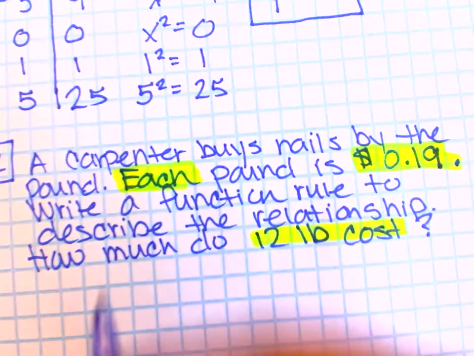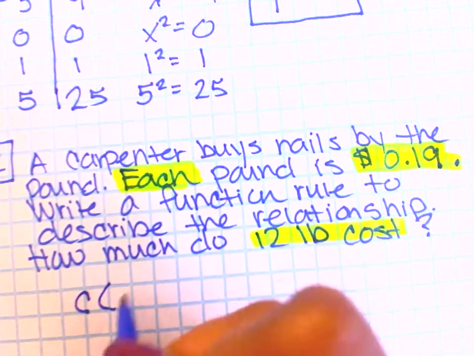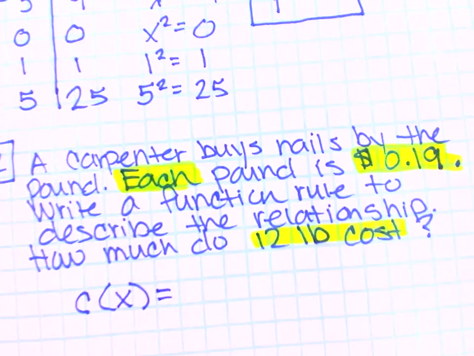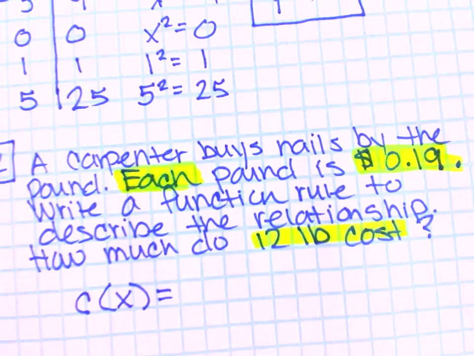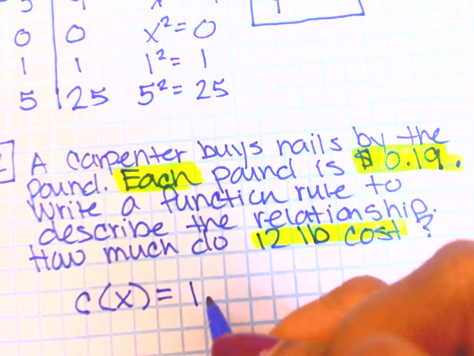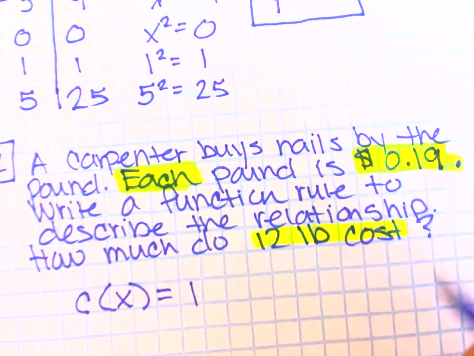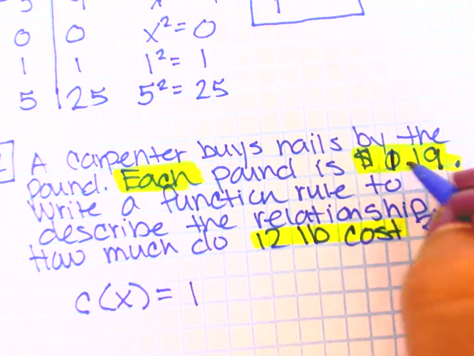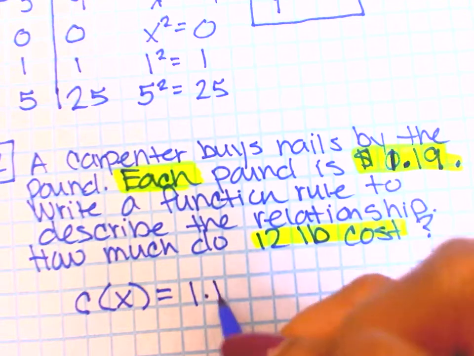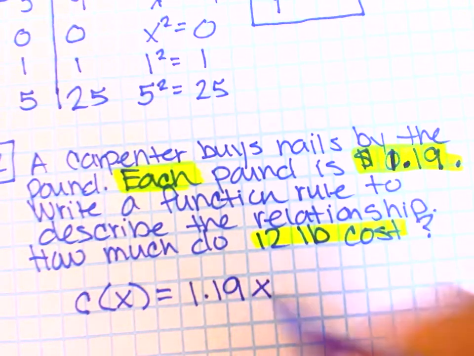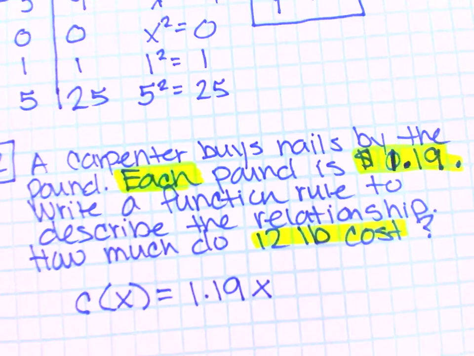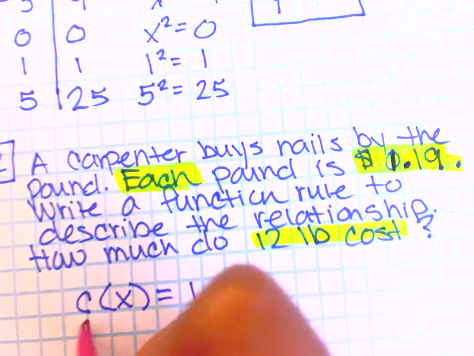All right, so I'm going to call cost C. So the cost of X, just like a function, it could be f of X, g of X, whatever letter. I'm using C for cost. And that's going to be 19. Oh, it's not 19. Sorry, it's $1.19 X. So let me label for you what I did. This is the cost.